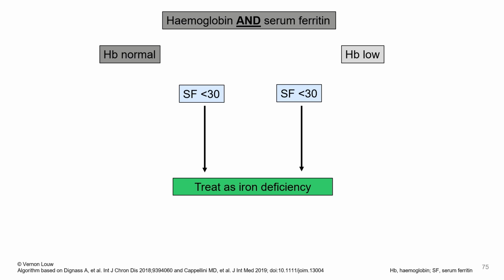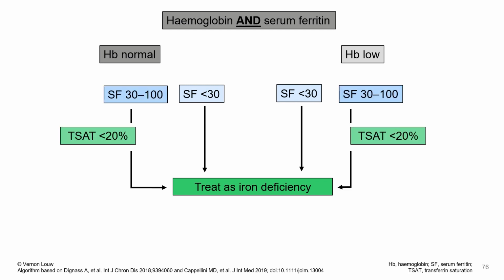So, in simplified terms, in all patients, we will do a hemoglobin and a serum ferritin as screening tests. And whether the hemoglobin is normal or low doesn't really matter. If the serum ferritin is less than 30, you will treat the patient as having iron deficiency.